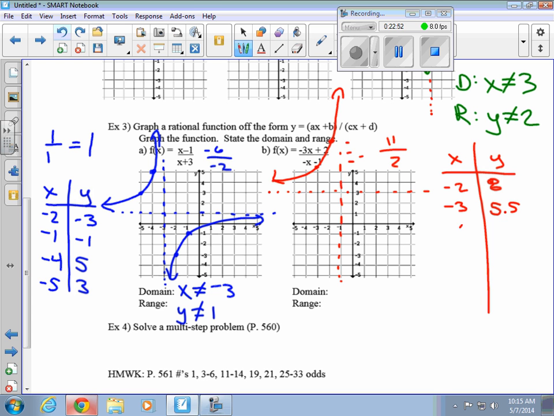Let's put in 0. Oh, and I just drew right through my equation. So that's going to be 2 over -1. So what's 2 over -1? -2. And then let's put in 1. If I put in 1, it's going to be -1 over -2, so that's going to be a half.